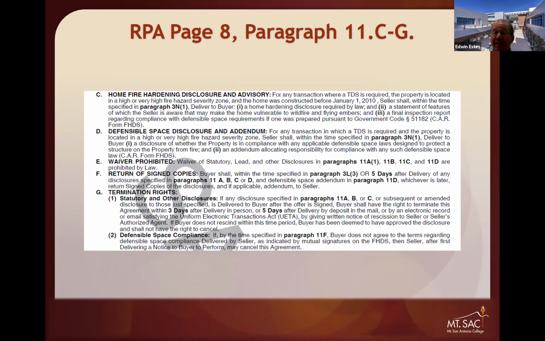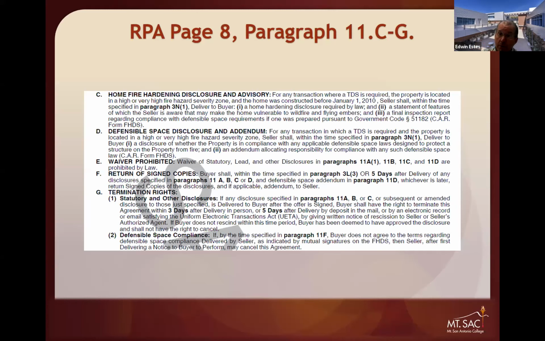I kind of like that wildfire disclosure form I talked about earlier. You can give that on all properties regardless. It's simply a disclosure that this house may be in an area that's prone to fire. Okay. This form here is mandated if those three conditions exist.